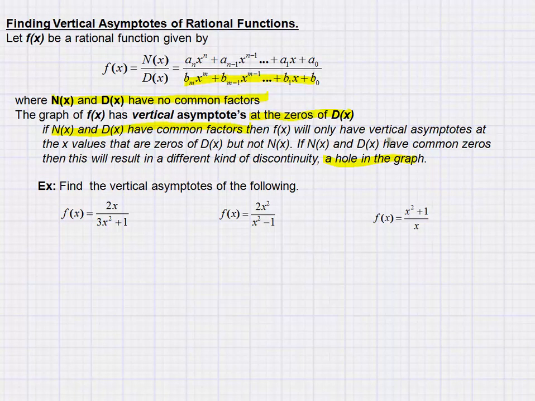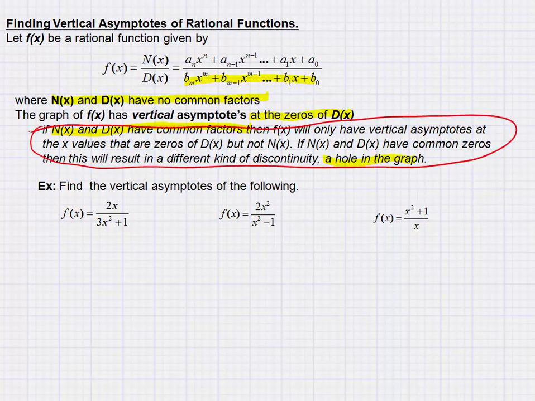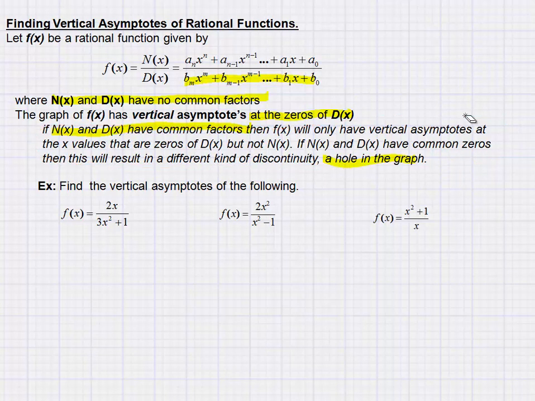So we're going to ignore this situation for right now, where the numerator and denominator do have common factors. If they do, finding the vertical asymptote has an extra step to it. But for right now, if n of x and d of x have no common factors, all you have to do is find the zeros of the denominator. So look at this particular example here.